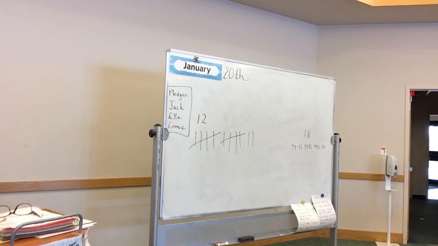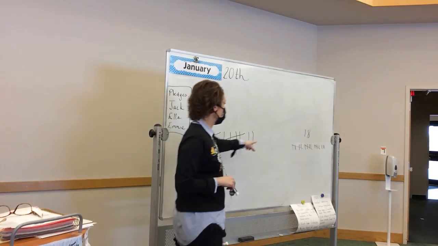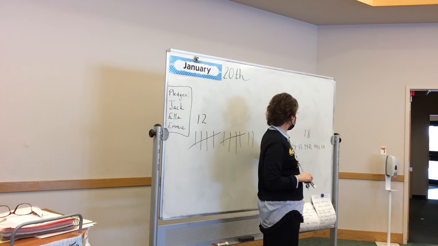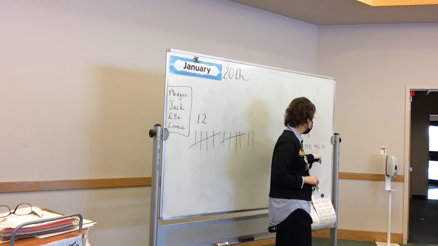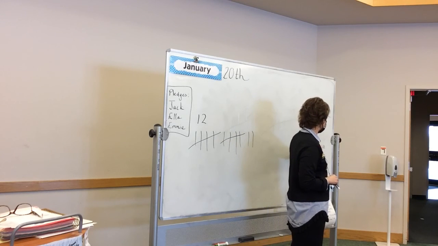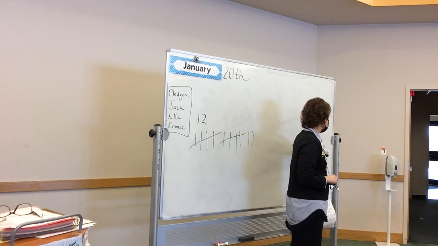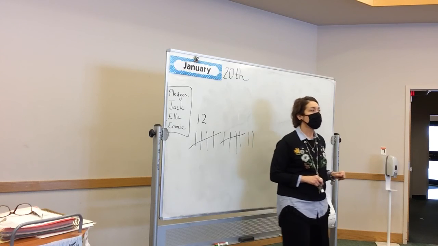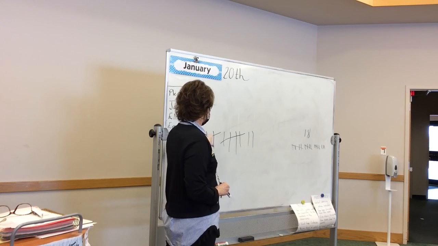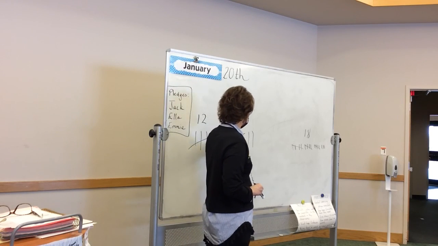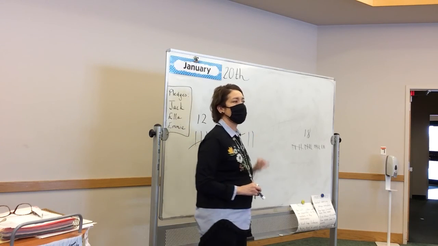Does everybody see that? You can't see the tally marks, or you don't understand? I do understand. Oh, okay. So you can't see it? So it's 1, 2, 3, 4, 5, 6, 7, 8, 9, 10, 11, 12, 13, 14, 15, 16, 17, and 18. Good job, Christian. And then Jeremiah did 1, 2, 3, 4, 5, 6, 7, 8, 9, 10, 11, 12.